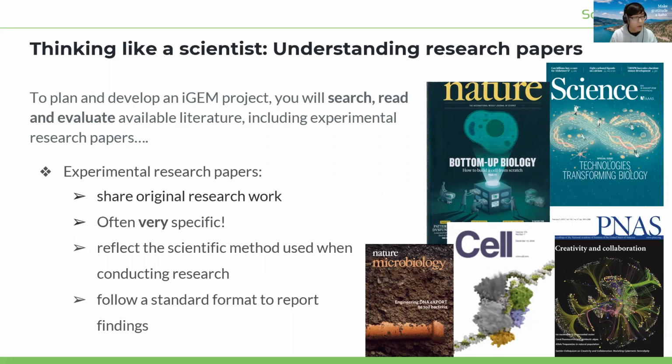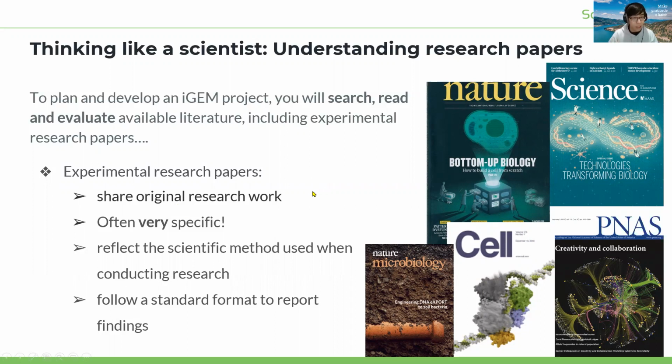But first, let's talk about the anatomy of a research paper. What is a research paper and what is it comprised of? Experimental research papers, which are the majority of scientific literature out there, share original work.